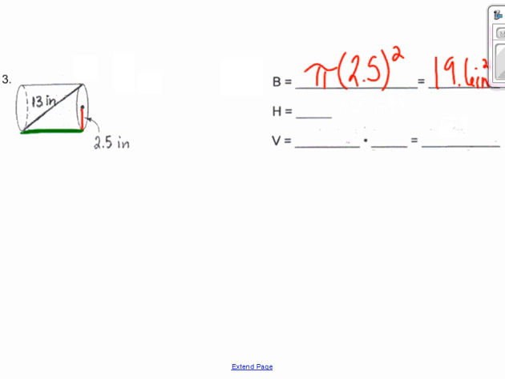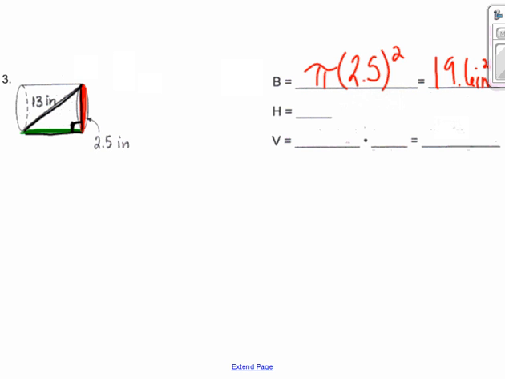All right, well, when I don't know something, I have to look for triangles. So let's see what happens if I extend my radius. So I did a diameter, and because height is perpendicular to the bases, oh, look, there's a little triangle there.